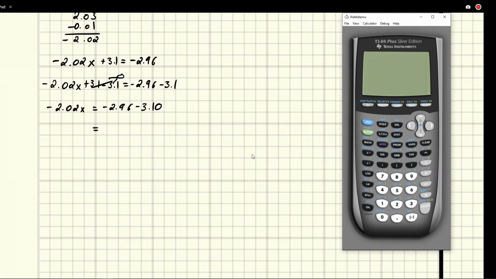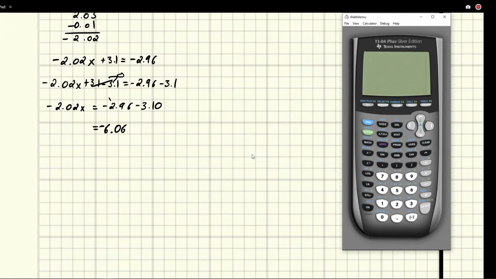So that would be just 6. And then we have this 9 plus a 1. Well, that's 10. So we'd add a 1 there. And there'd be a 0 here and then a decimal. And then a 2 plus a 3, that's 5, plus 1 is 6. And it's negative. Now remember, we're just adding because both these numbers are negative, and two negative numbers combined results in a bigger negative number.